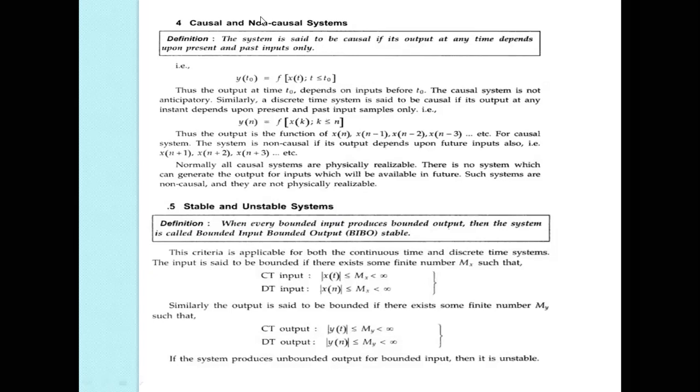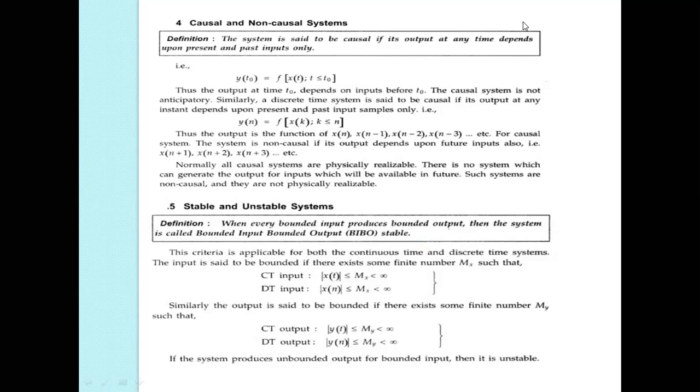See here the definition: when every bounded input produces a bounded output, BIBO, bounded input, bounded output. When every bounded input produces a bounded output, then the system is called a bounded input, bounded output stable system. If the input is bounded and the output is also bounded, then we can call it a stable system.